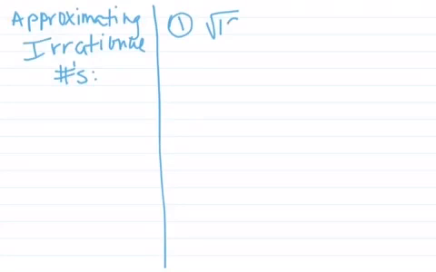If I said the square root of 18, is this a perfect square? So guys, think about, well, 3 times 3 is 9, that's not close. 4 times 4 is 16, that's pretty close. So I could say 4 times 4 is 16, or you could say the square root of 16 is 4.